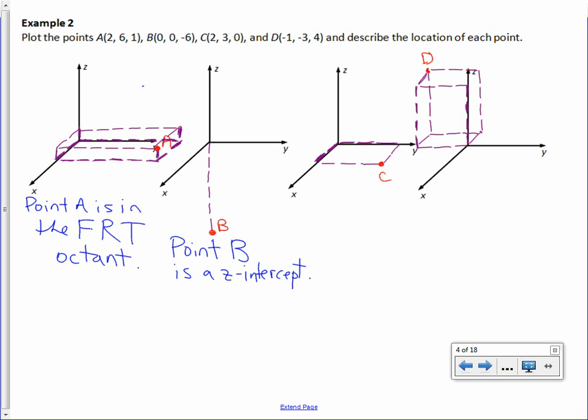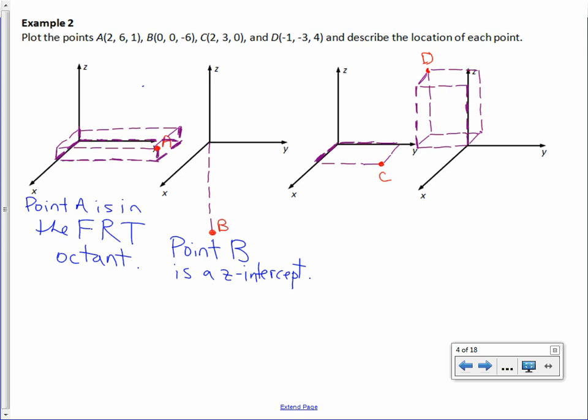To be an intercept, 2 of the 3 coordinates have to be zeros. If it was -6, 0, 0, it would be an x-intercept. If it was 0, -6, 0, it would be a y-intercept. 0, 0, -6 is a z-intercept. So wherever the number is, that's the intercept.